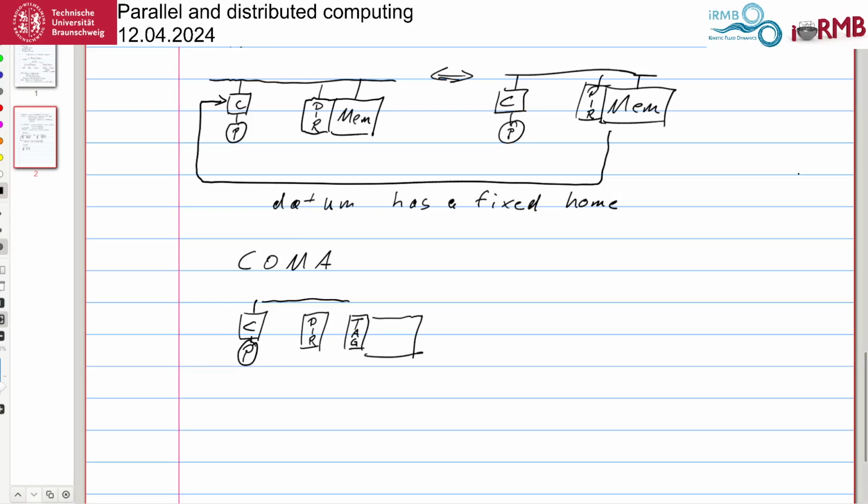So the memory is tagged, and then there is the memory. And then we have another compute node, where we also have a directory, and we also have a tag.